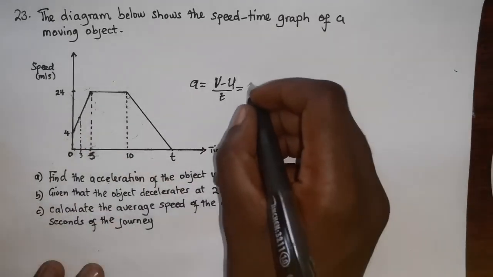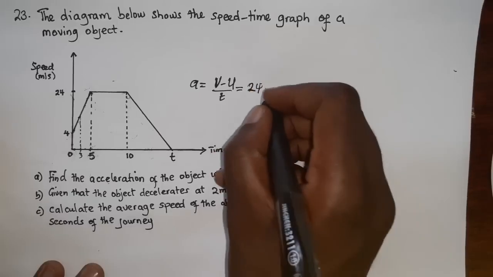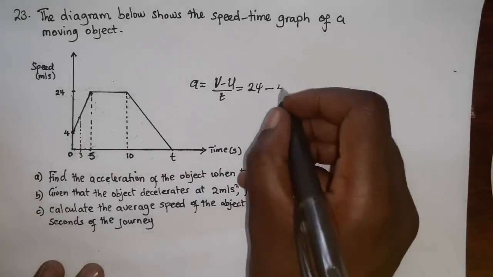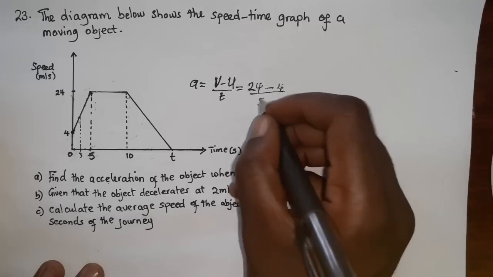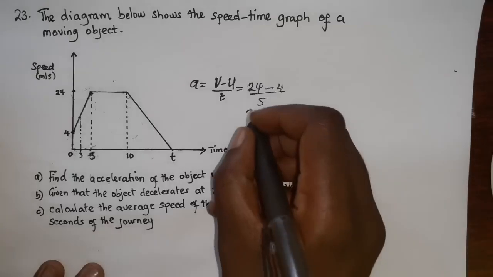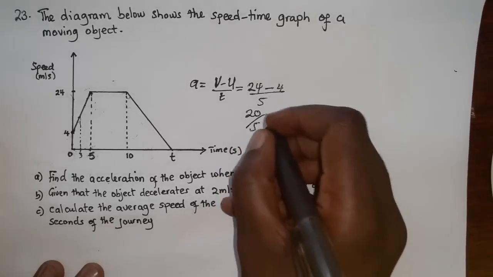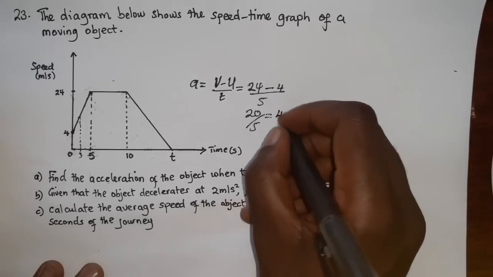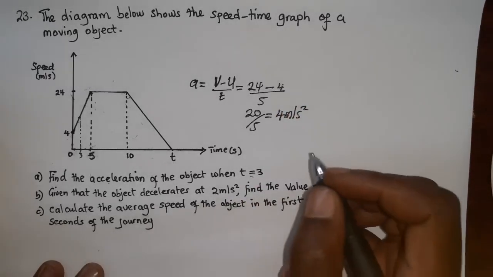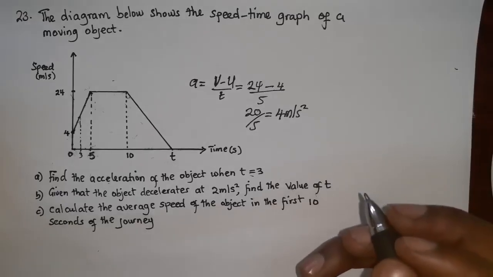So the final is 24 minus the initial, where it started from, which is 4, over time, which is 5. So this is going to give us 20 over 5. When you divide, this is what is going to be our acceleration here.